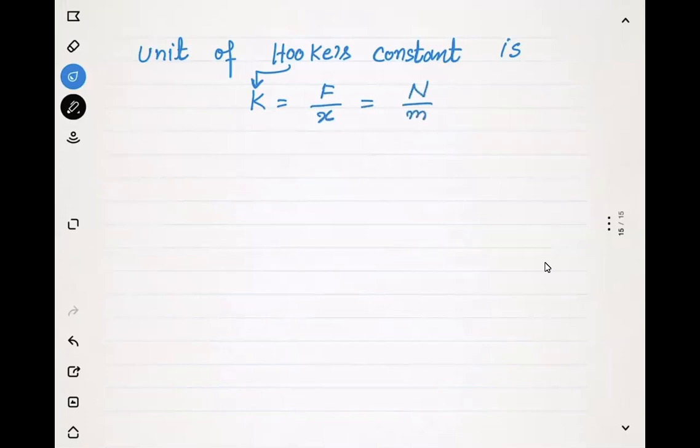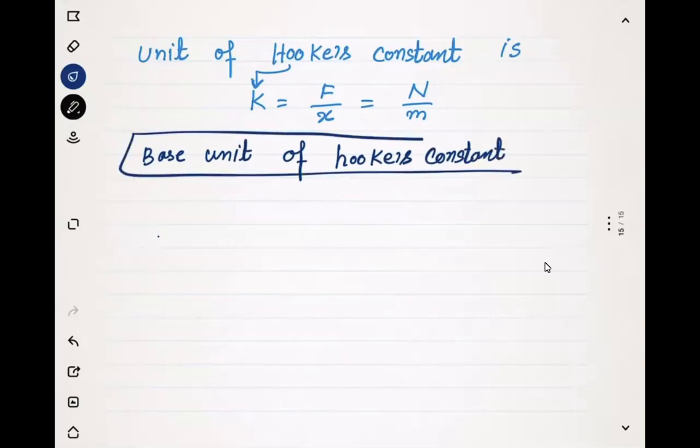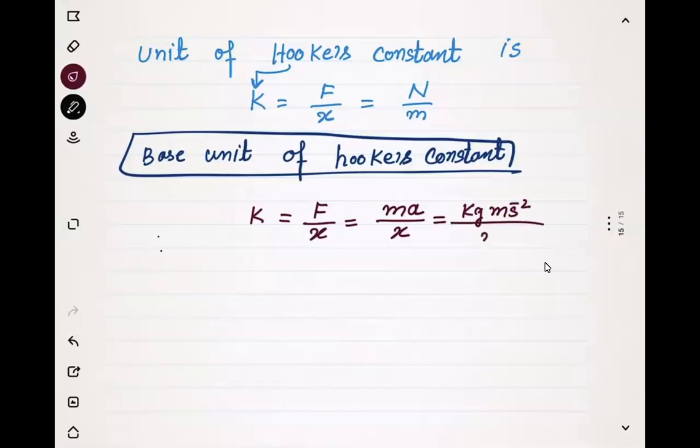Now the base unit of Hooke's constant. K is equal to F over X. F is ma over X. So it would become kilogram meter second minus 2 over meter.